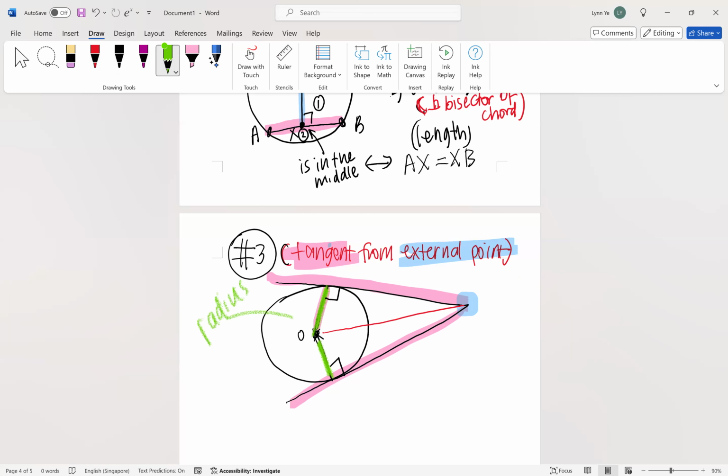Draw tiny line. So I can see that this line is equal to this line, and this is right angle. The other one also has radius, 90 degree. What topic does this remind you of?